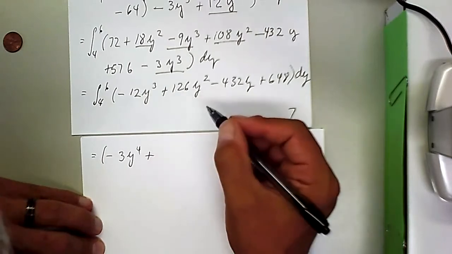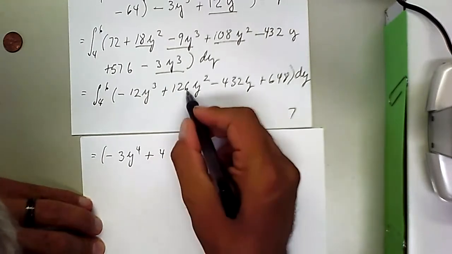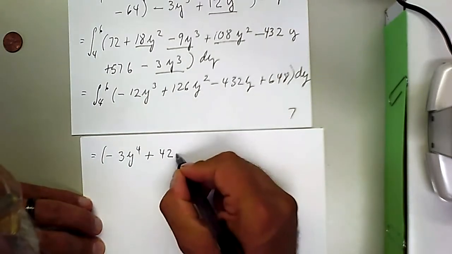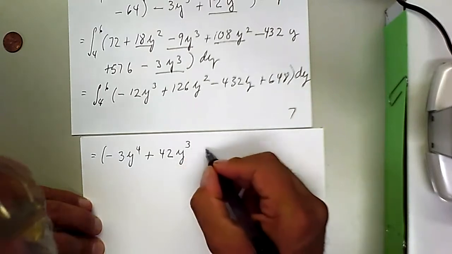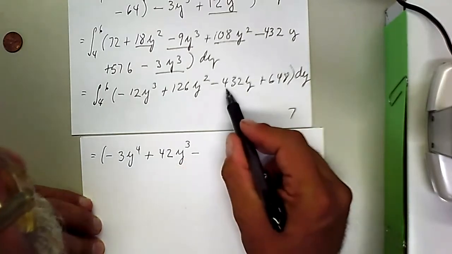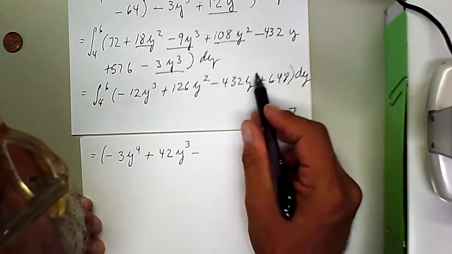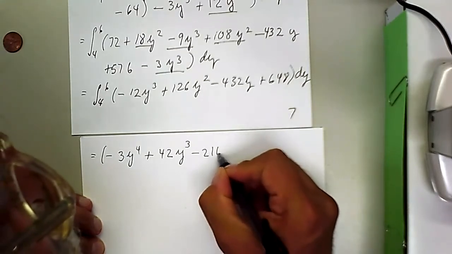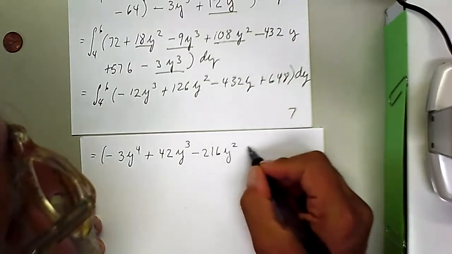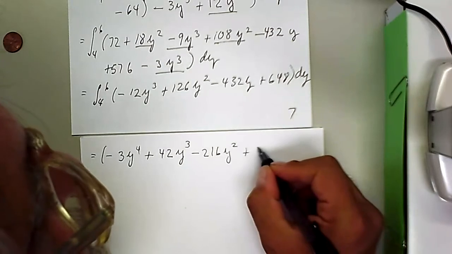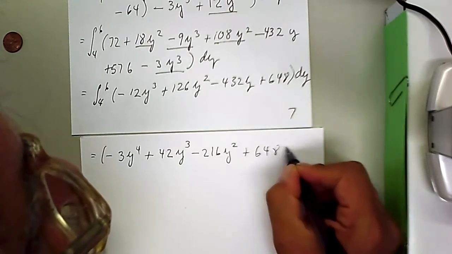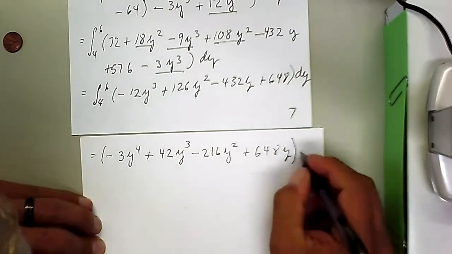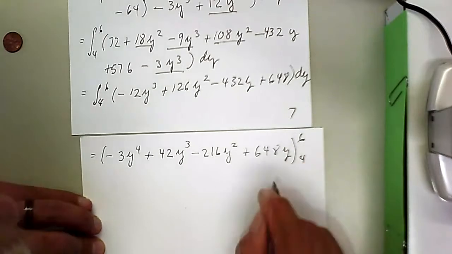Well, 12 divided by 3 is 4. 6 divided by 3 is 2y cubed minus 432y squared over 2. So that is 216y squared plus 648y. And we're going to go from 4 to 6.